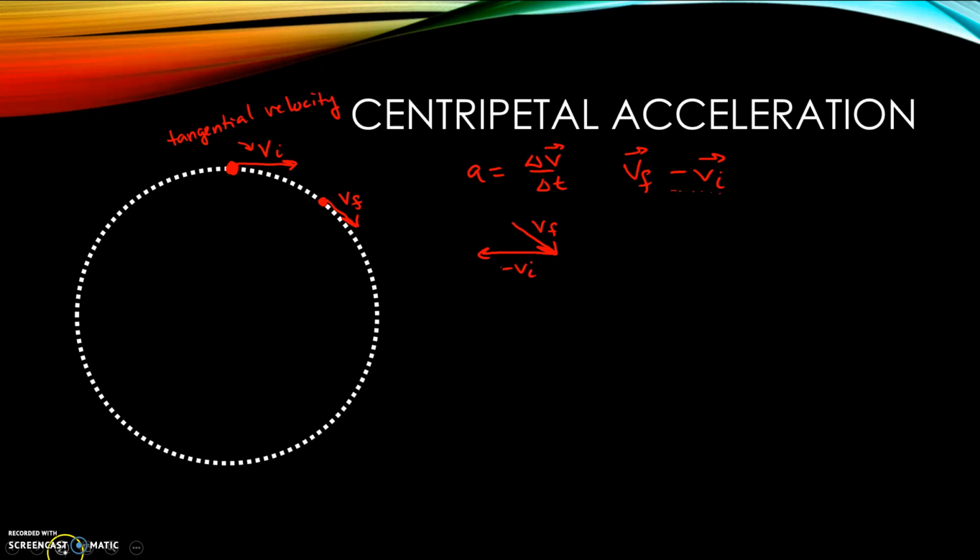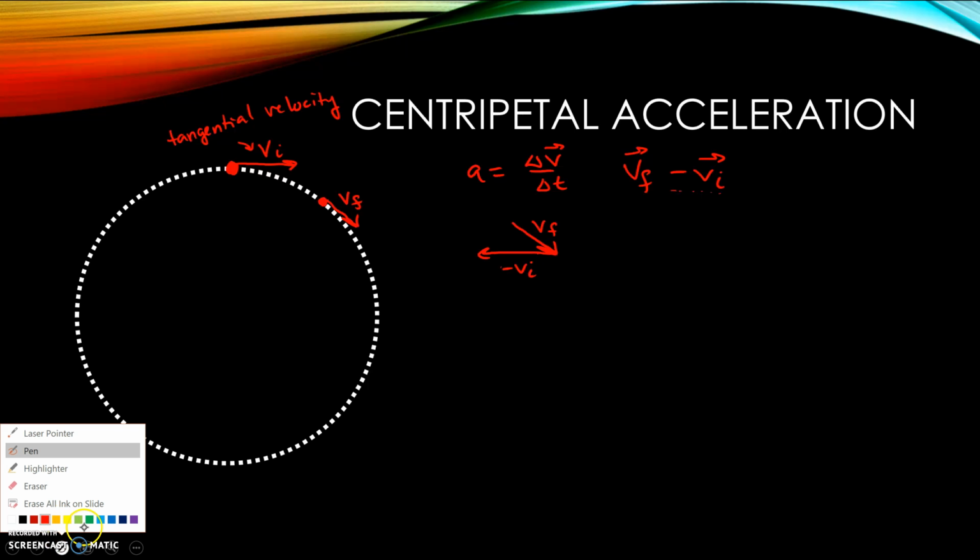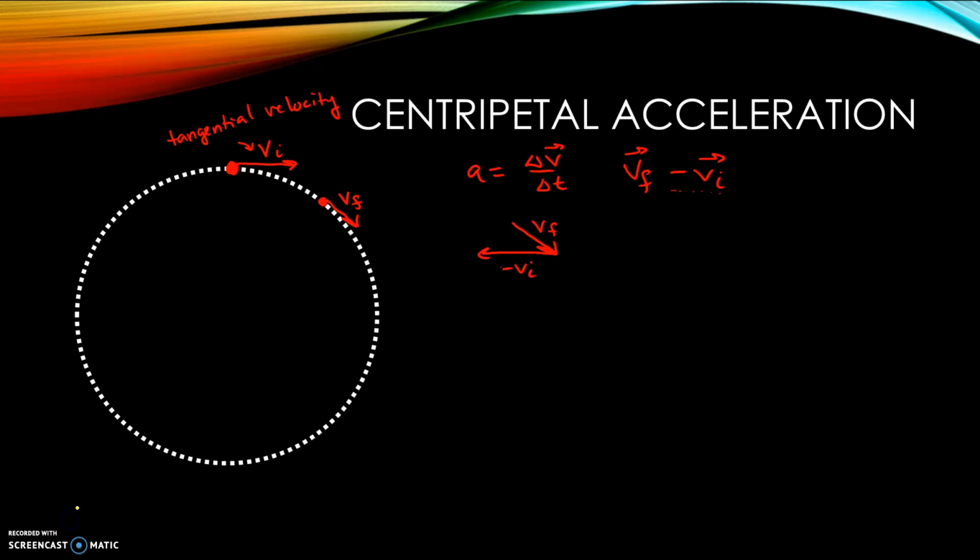What I get, the resultant of this, starts from the tail, goes to the head, and goes in this direction, which means that the change in velocity over time points in this direction.